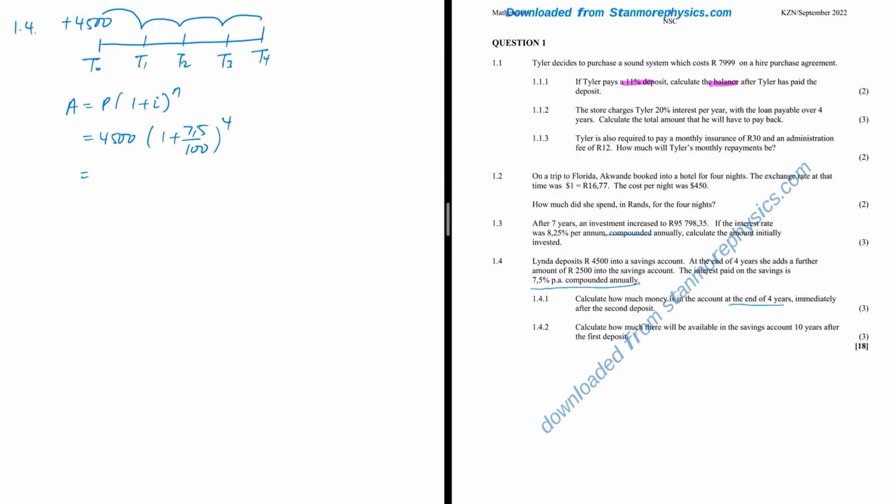That's going to give us an answer of 6,009 Rand and 61 cents. So at this point, there's 6,009 Rand 61 cents. Then Linda adds 2,500 Rand. So we'll add the 2,500 here, and that's going to give us a new amount of 8,509 Rand and 61 cents.